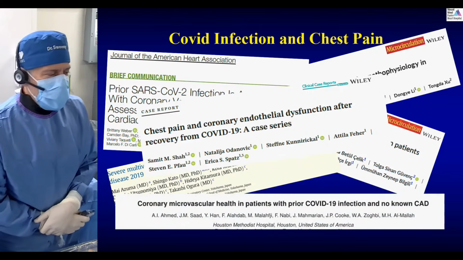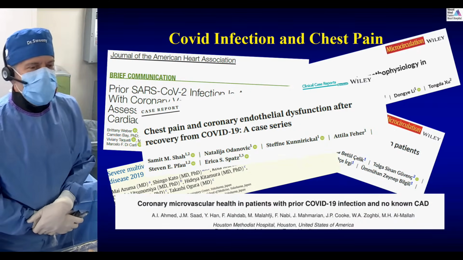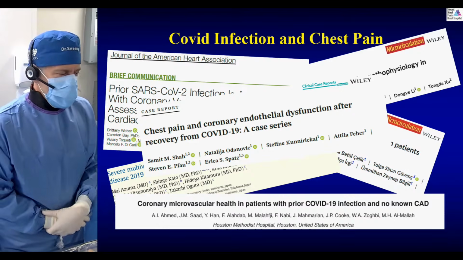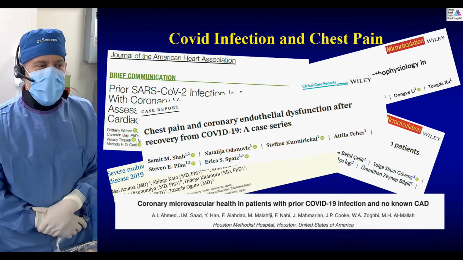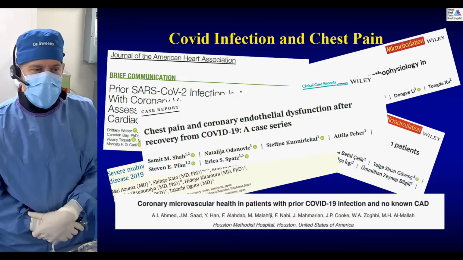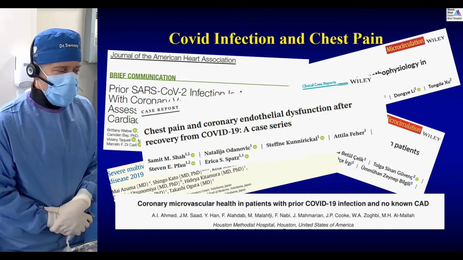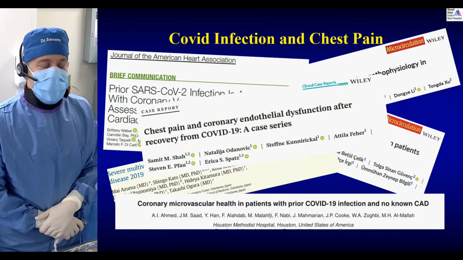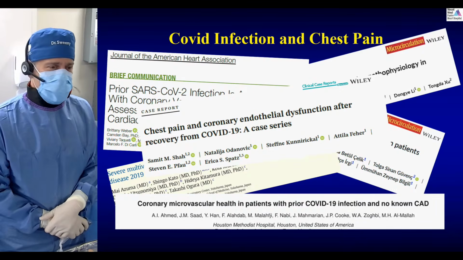I want to start by taking a step back. After COVID, we saw an enormous influx of literature surrounding testing patients with COVID persistent chest pain for microvascular dysfunction. By and large, not all, but most of these studies were non-invasive assessments, PET scans, MPIs.